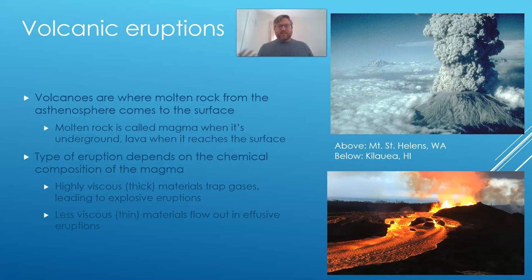And the difference between these kinds of eruptions is a result of how viscous the lava is. And viscous is just the fancy science term for thick. So if you have a highly viscous magma, very thick, it's going to trap a lot of gases.